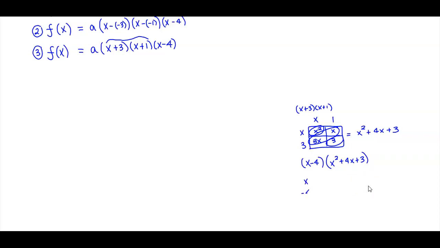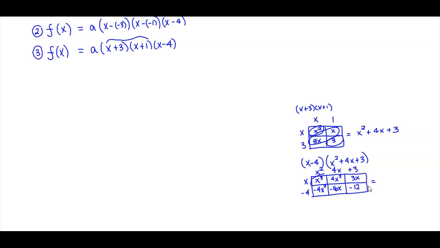We have x and then minus 4, so 2 rows and 3 columns, with x squared plus 4x plus 3. x times x squared is x cubed. x times 4x is 4x squared. x times 3 is 3x. -4 times x squared is -4x squared. -4 times 4x is -16x. And -4 times 3 is -12.